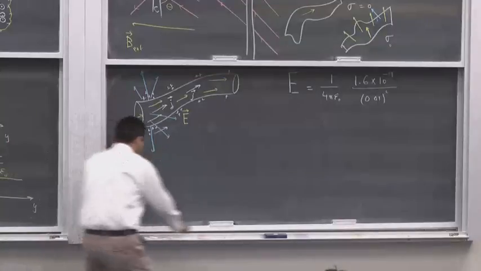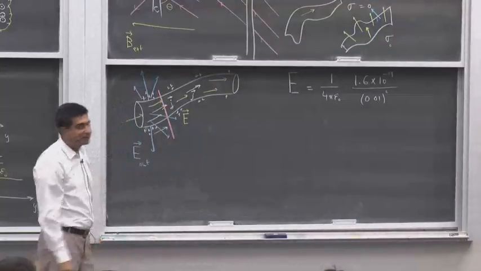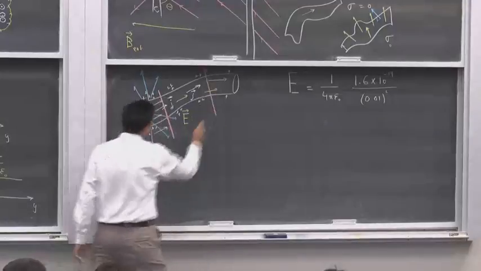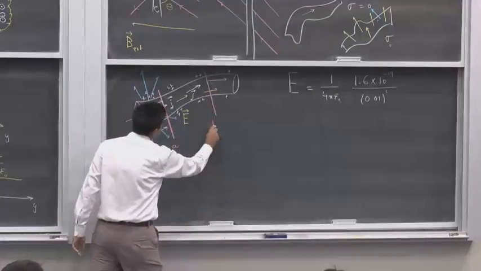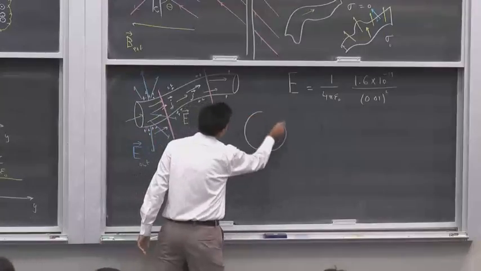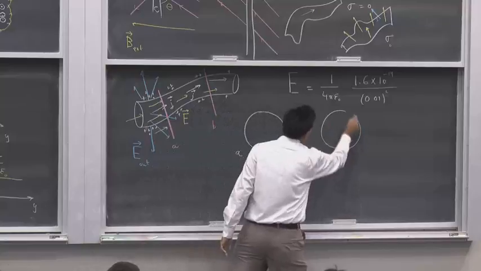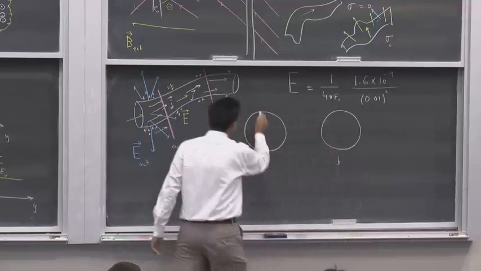So if I were to draw a section of wire here, if I were to cut up a section of the wire here and cut up a section of the wire here, let's call this section A and let's call this section B. If I were to draw a cross section of the wire at A, and a cross section of the same wire at B, here there are surface charges.